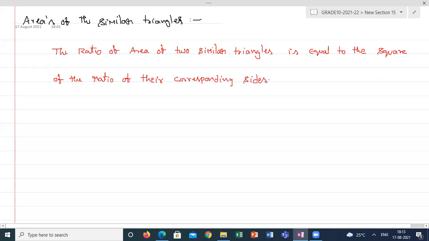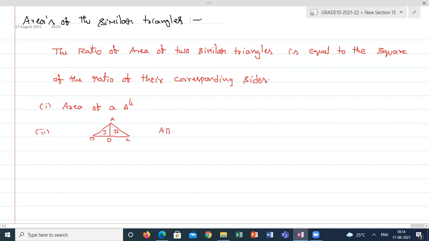It is very simple. Based on our previous theorems, we are going to discuss. To prove this theorem, we need only two formulas. One is the area of a triangle. The second one is, if a perpendicular is drawn from A in triangle ABC, this perpendicular divides ABC into two triangles, ADB and ADC.